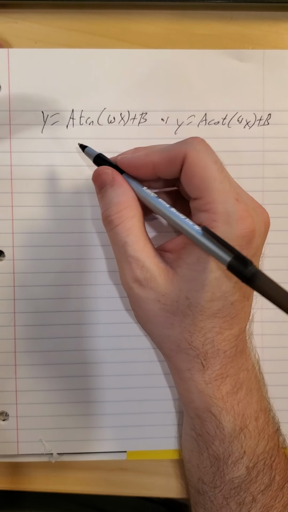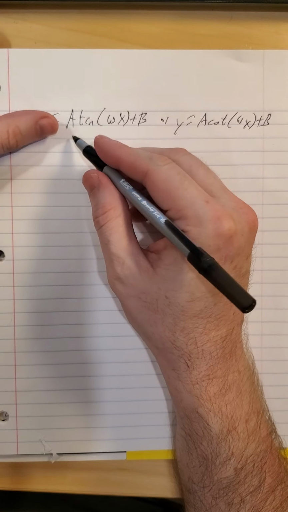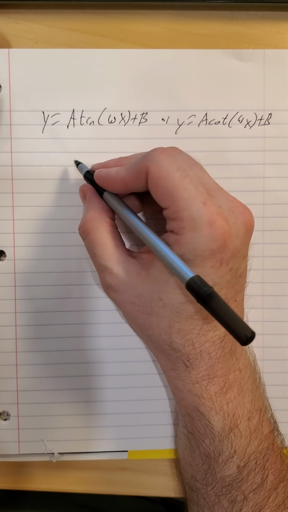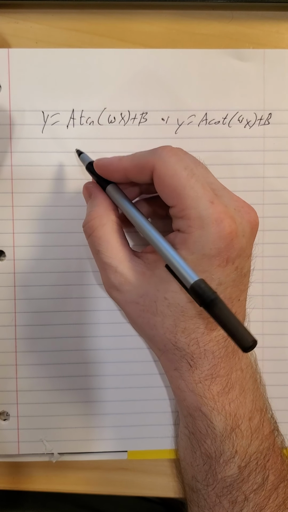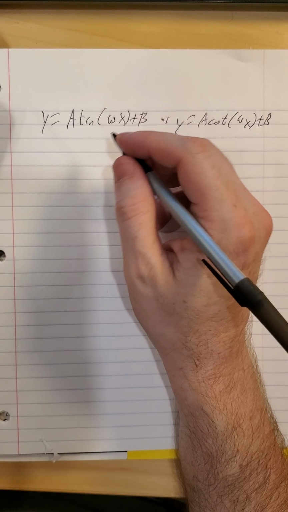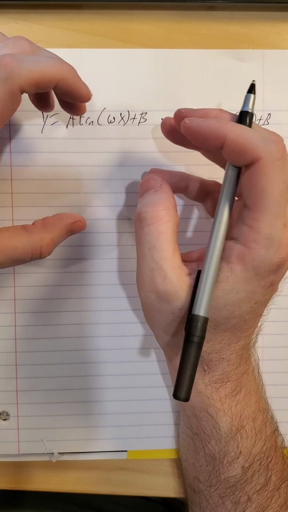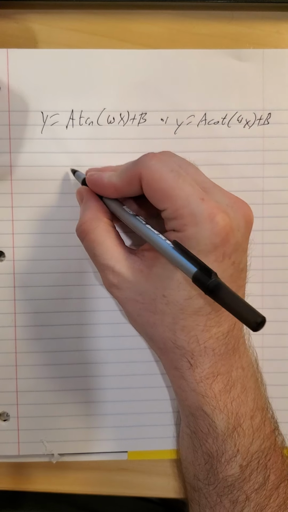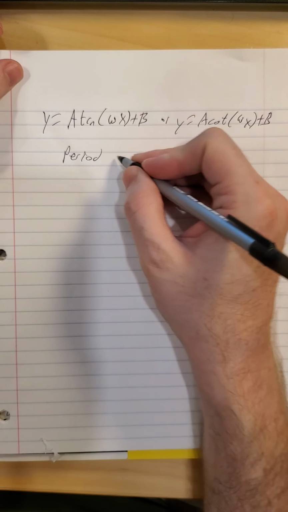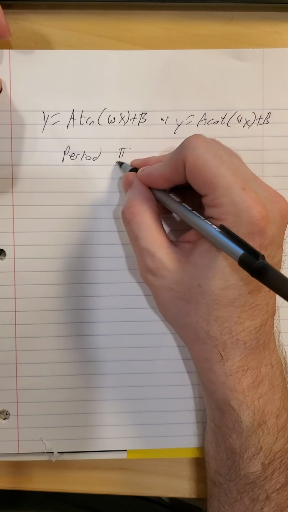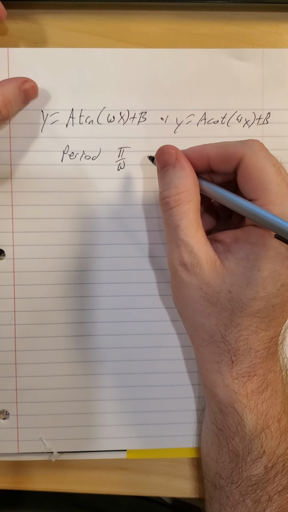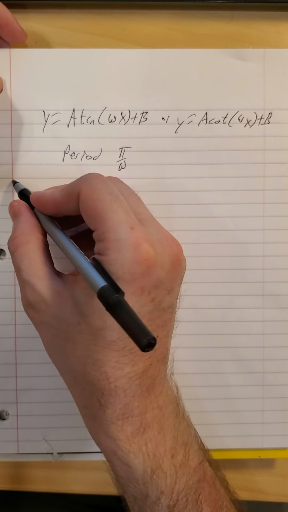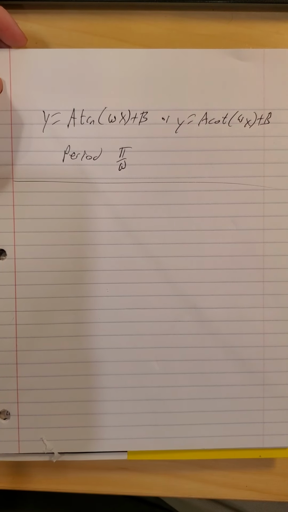So a is still our amplitude. Just multiply your outputs by the a value on the basic one. Plus b shifts us up or down, and omega, since it's inside with the x, that's controlling horizontal stretching or compressing, and the period on that then would be pi over omega. So usual rules.